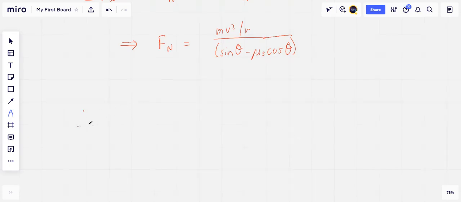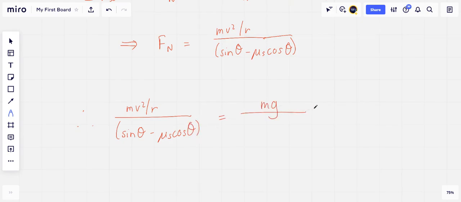Therefore, again, if we equate these two, we have mv squared over r divided by sine theta minus mu s cosine theta must equal m times g over cosine theta plus mu s sine of theta.